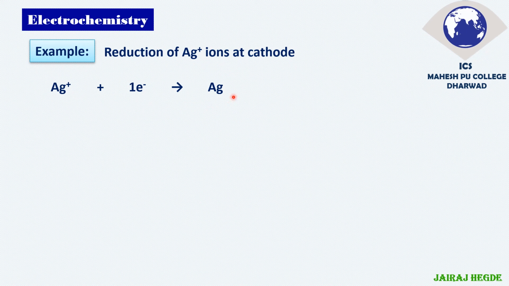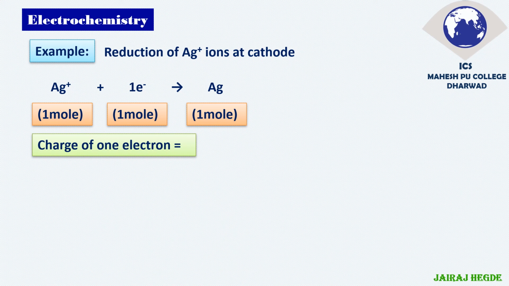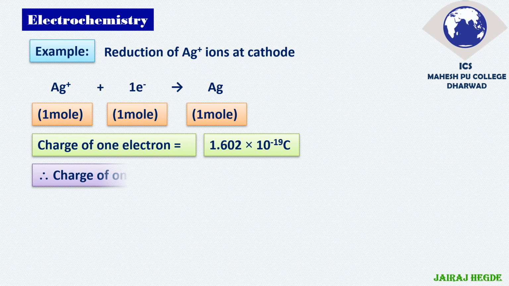For one ion of Ag+, one electron is required to form one silver atom. What if I have taken 1 mole? So I need 1 mole of electrons. We already know that the ratio is 1:1:1. We already know the charge of an electron is minus 1.602 into 10 power minus 19 coulomb, or if we neglect the sign, 1.602 into 10 power minus 19 coulomb.